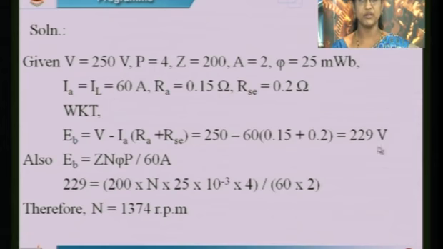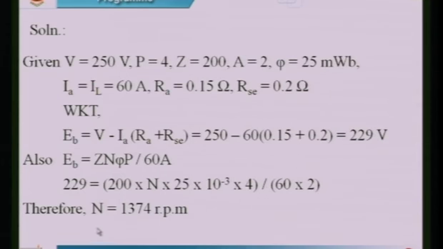Here EB is known, Z is given as 200, N is unknown, phi is 25 milliweber, P is equal to 4, and 60 into 2, where A, the number of parallel paths, is equal to 2. In this case, you will get the speed of the armature as 1374 RPM. So this is how you have to solve the problem.